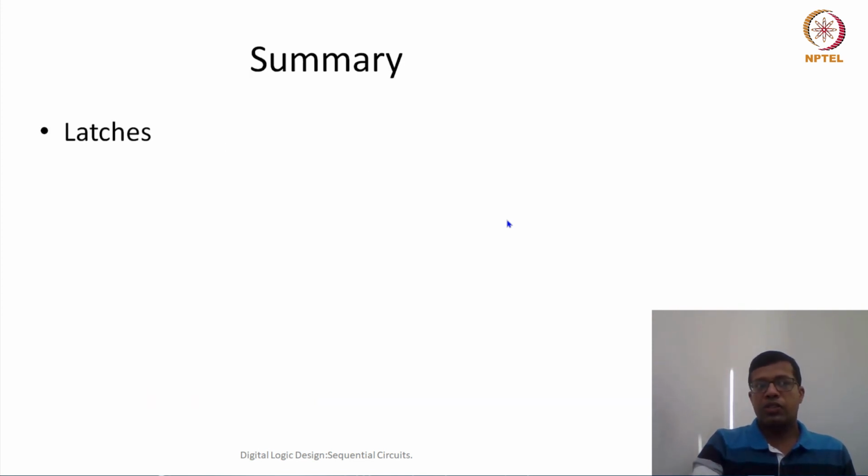In summary, we have understood what sequential circuits are, what synchronous sequential circuits are, and how much memory is required to design such a circuit.